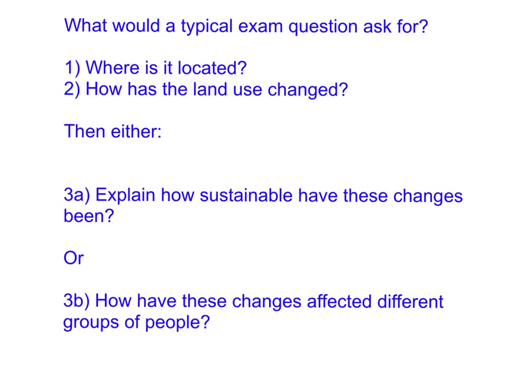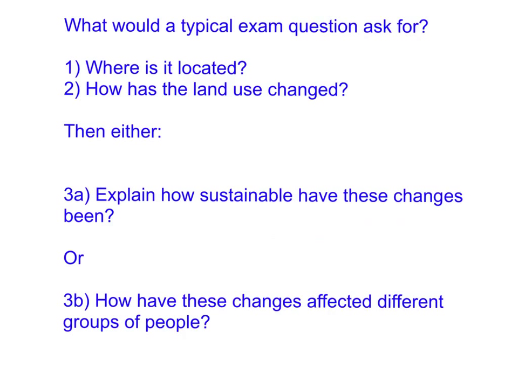Now, the reason we need to study this case study is so we can answer a question that talks about land use and how that land use has changed. What you can see here is a typical type of exam question. In fact, you may well have seen it in your mocks. As with any 8-mark question, you'll start by asking where it's located. You'll then get a describe question. In this case, it's how has the land use changed?